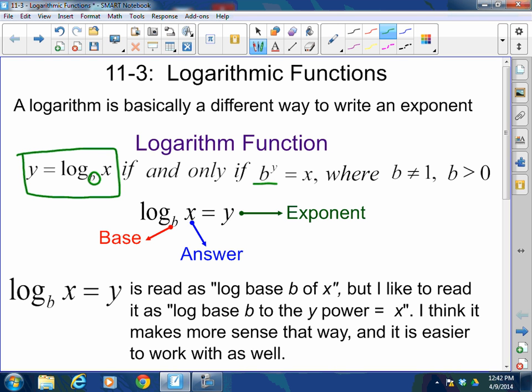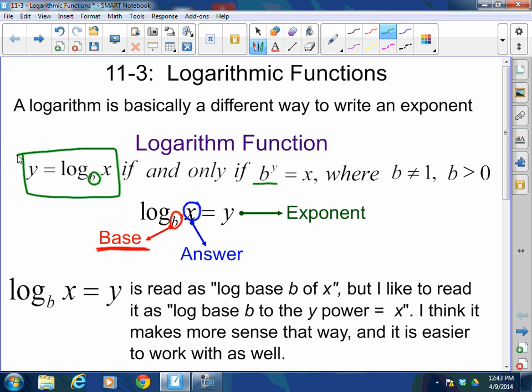When you have a log, you're going to have log, and there's going to be a little value, a sub-value it's called. It's on the bottom. It's kind of an opposite of an exponent. It's at the bottom. It's called a sub-value. That is the base of the exponential function that you're dealing with. x is the answer to the exponential problem that you're given.